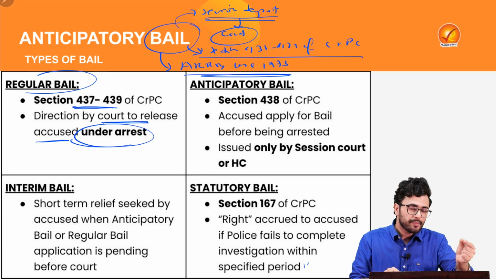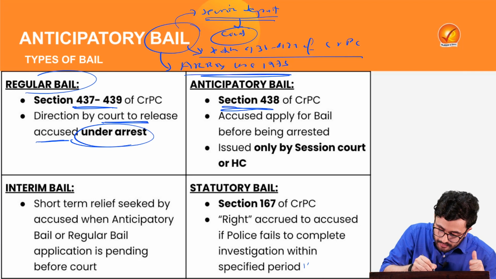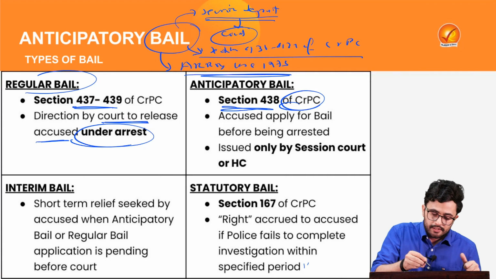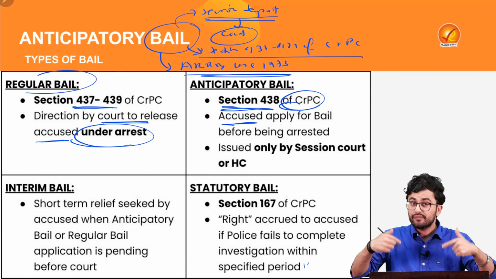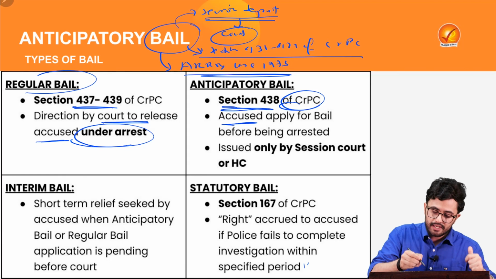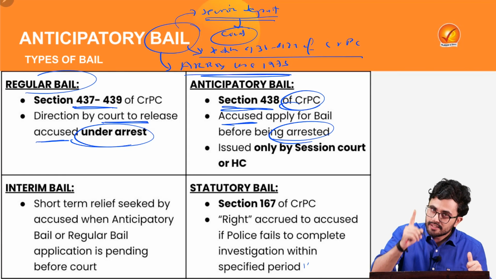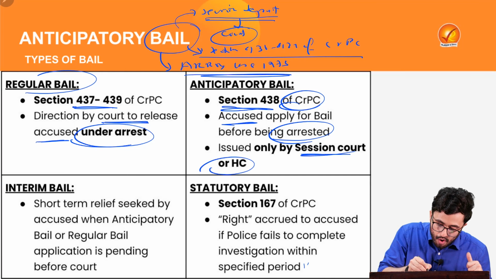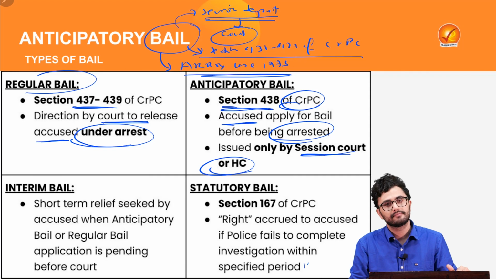Then there is anticipatory bail, which is directed by section 438 of CrPC, where the accused applies for bail before being arrested, and such special bail can only be provided either by the sessions court or by the high court.